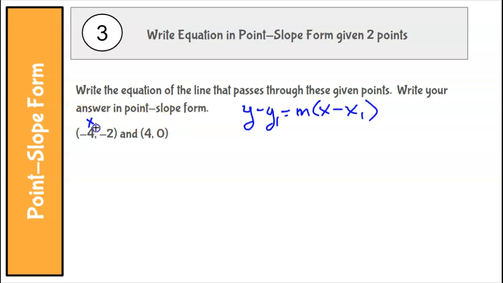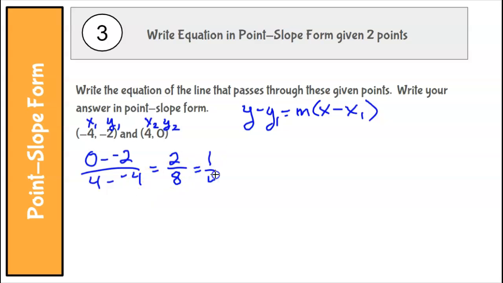So this is x1, y1, and this is x2, y2. So we don't have the slope, but we can find the slope using the slope formula. So we can do 0 minus -2 over 4 minus a -4 is positive 2 over minus a negative is adding, so that's 8, and I'm going to go ahead and reduce it to 1/4.